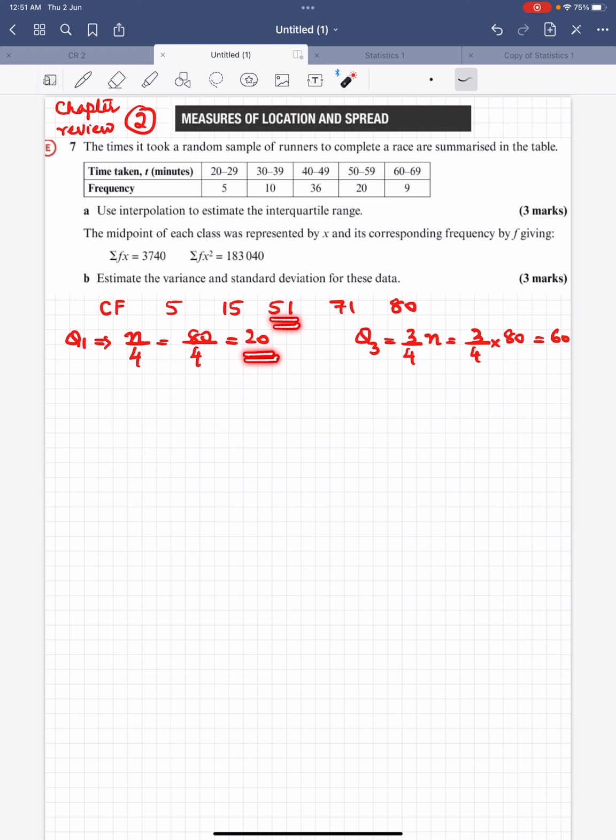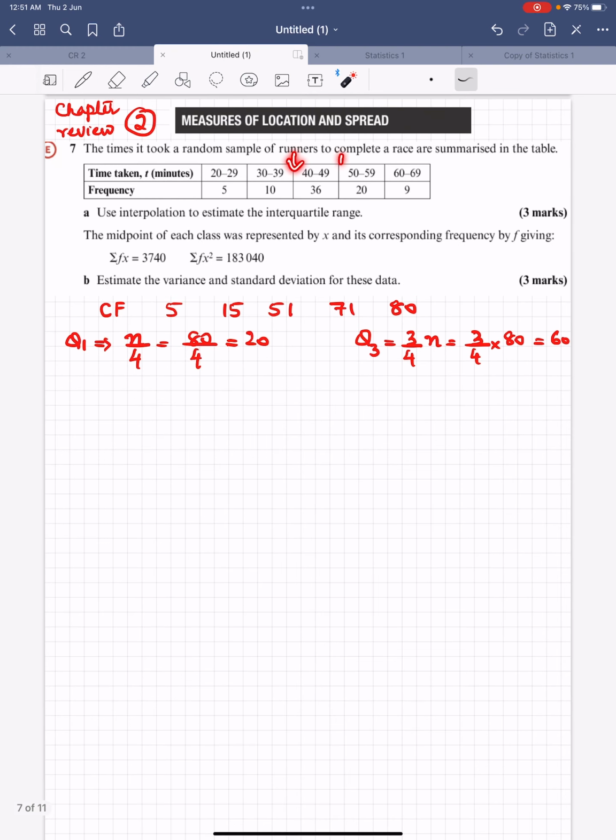So for the third class interval, we see the endpoints as 39.5 and 49.5. So let's draw the line for interpolation. 39.5 and 49.5.